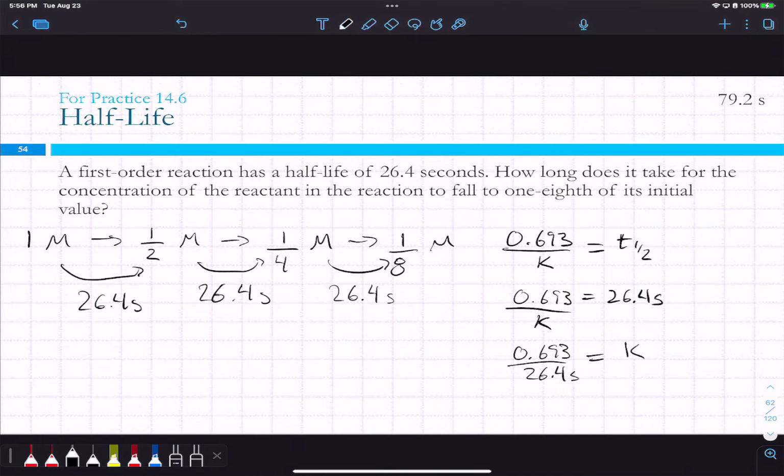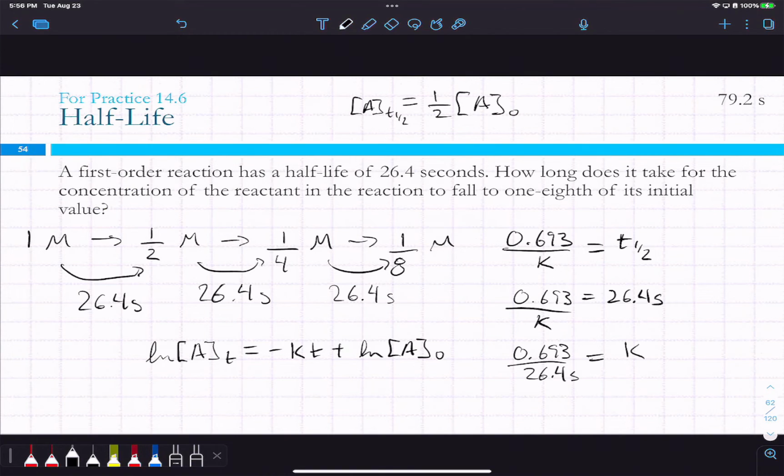So once we've calculated k, we could use the first order integrated rate law. I'll just use the generic: natural log of A_t equals negative kt plus natural log of the initial concentration A0. So for a half-life, we just plugged in: the concentration of A at 1 half-life is equal to 1/2 times the concentration of A0.